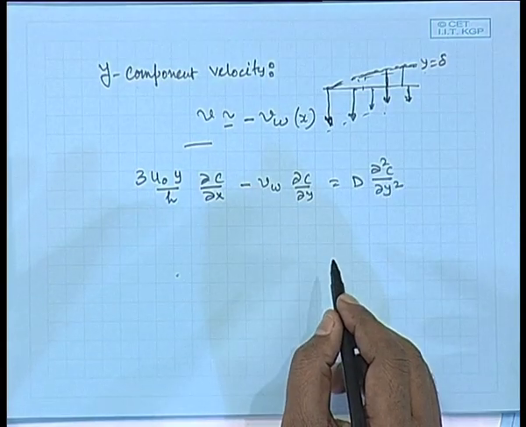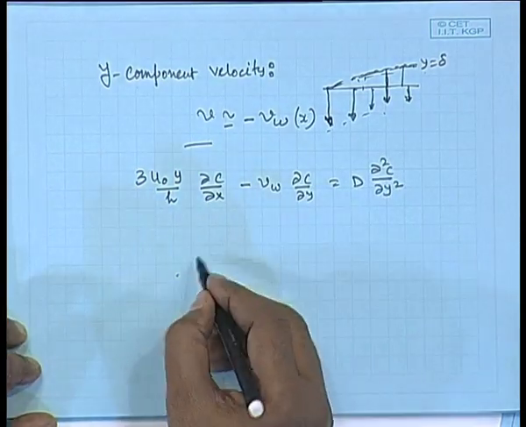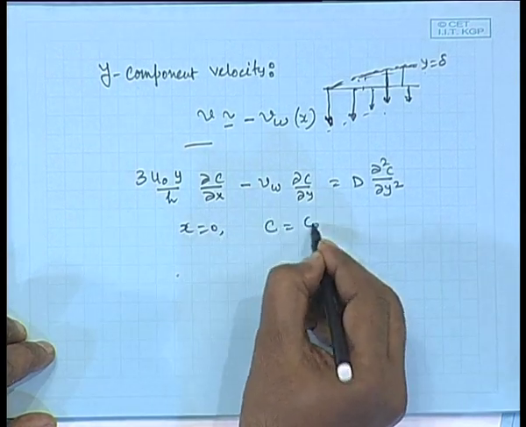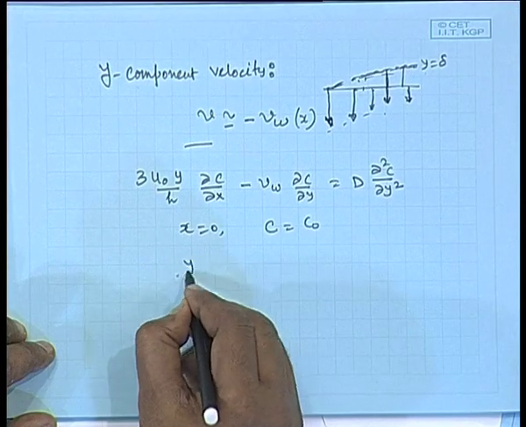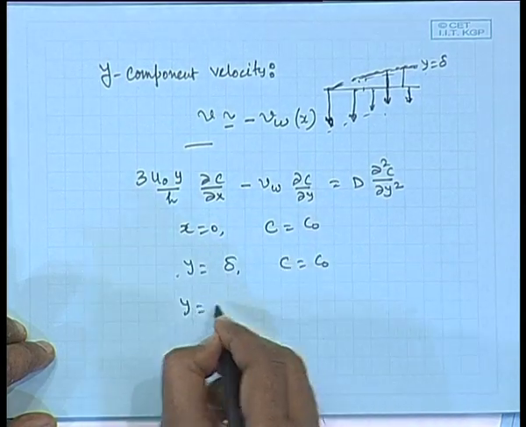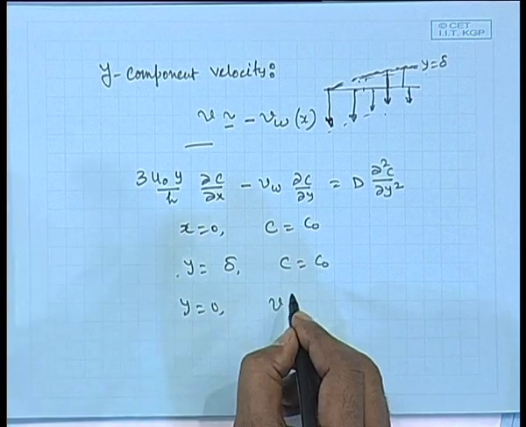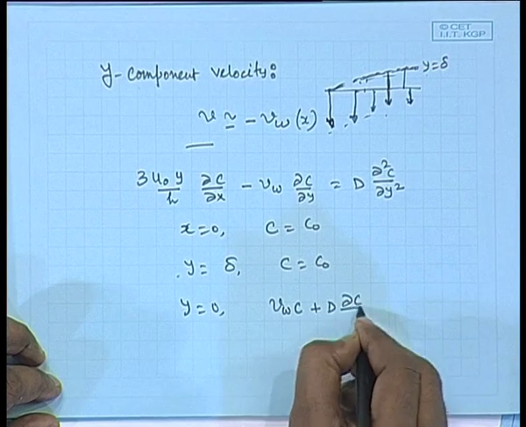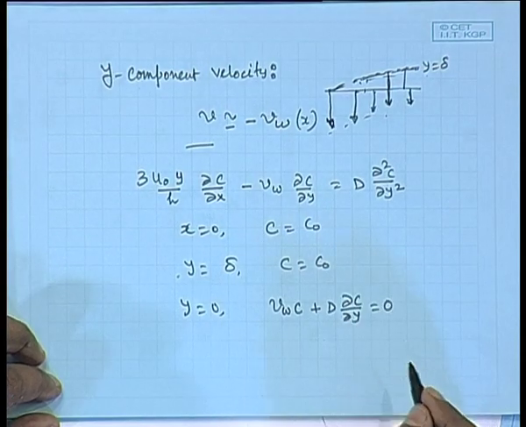This is the equation you are going to solve. Okay. Now, let us look into the boundary conditions. At x equal to 0, c is equal to c naught; at y is equal to delta, c is equal to c naught; at y equal to 0, v is equal to minus v w, and v w c plus D del c del y is equal to 0.